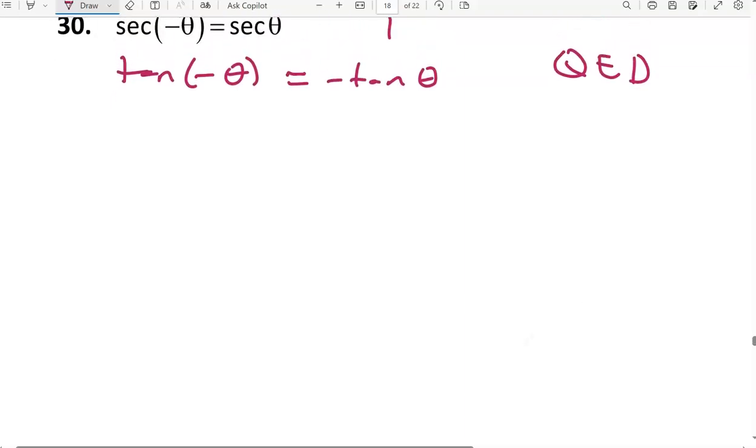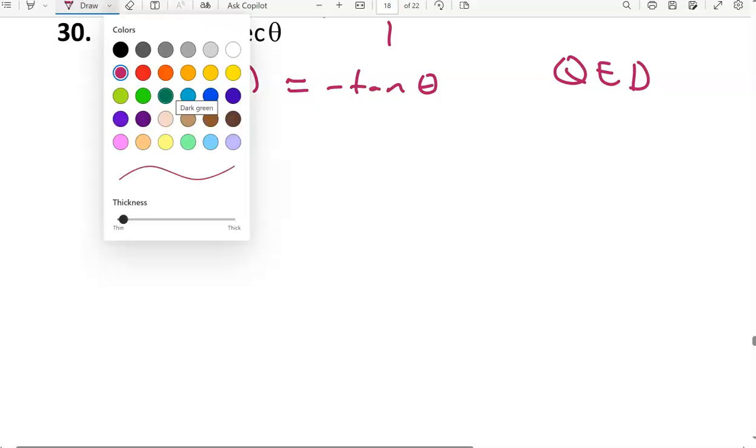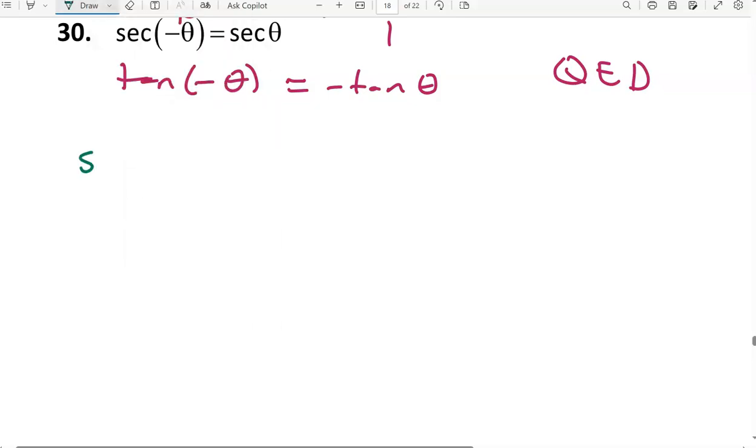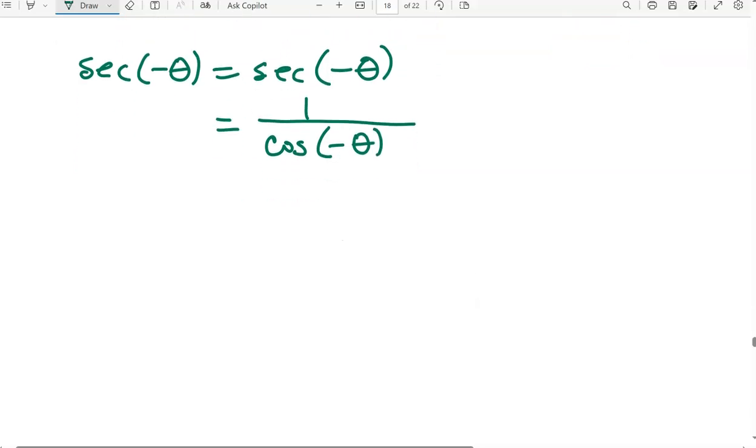For number 30, and this one's our last one, we have the secant of the opposite of theta is equal to the secant of theta. So for this one, let's start with the secant of the opposite of theta is equal to itself. Remember, we're always starting the proof with the reflexive property. And then I'm going to re-express the secant of the opposite of theta as 1 divided by the cosine of the opposite of theta.